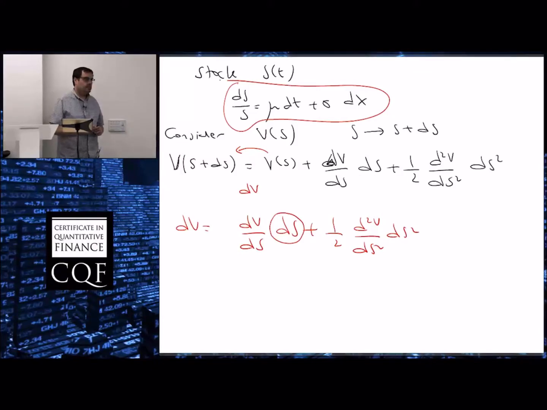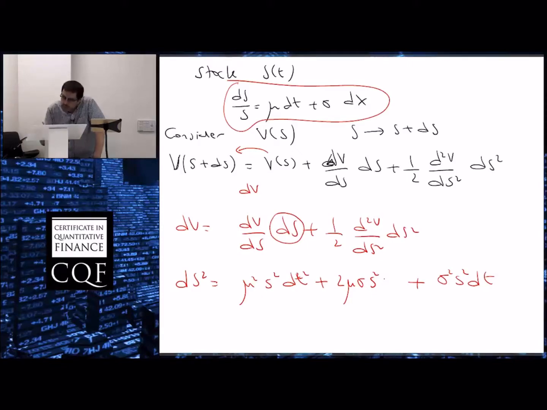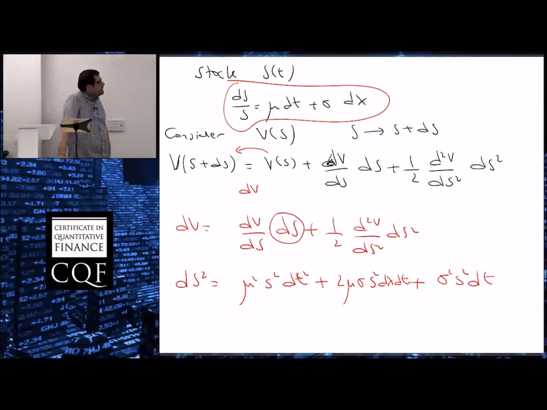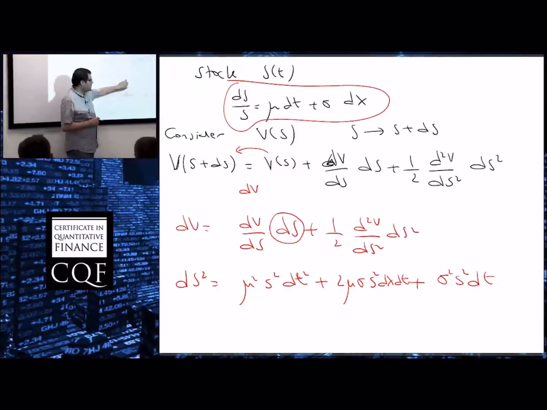What about dS squared, though? dS squared is equal to mu squared S squared dt squared, plus a sigma squared S squared dX squared, which is a dt, right? Plus the cross term product, which is 2 mu sigma S squared dX dt. So we're trying to figure out what this dS squared looks like.